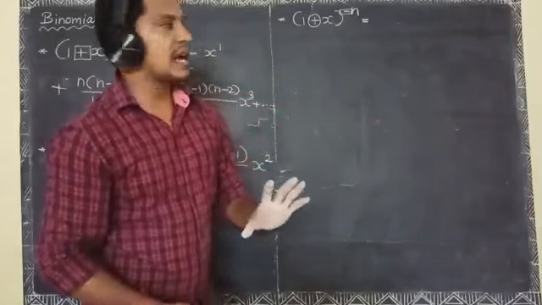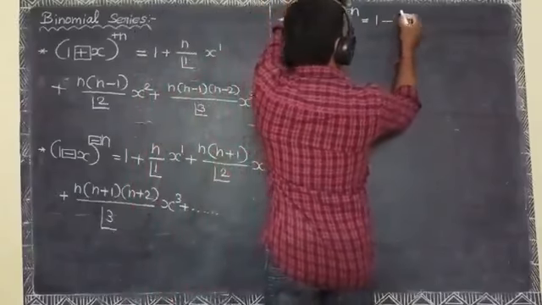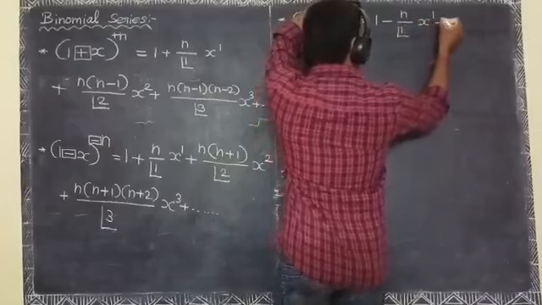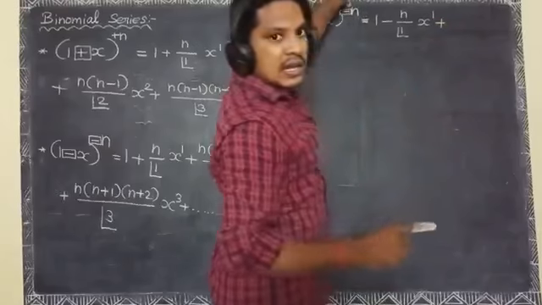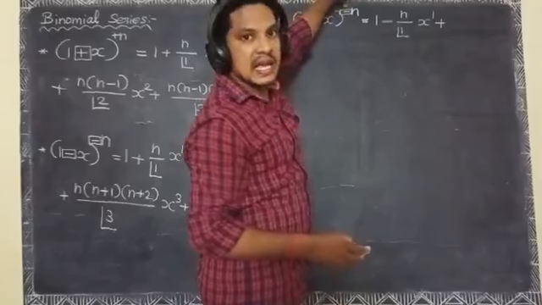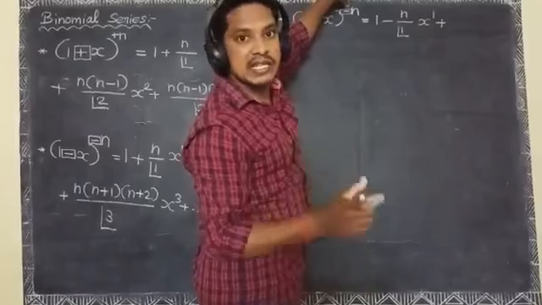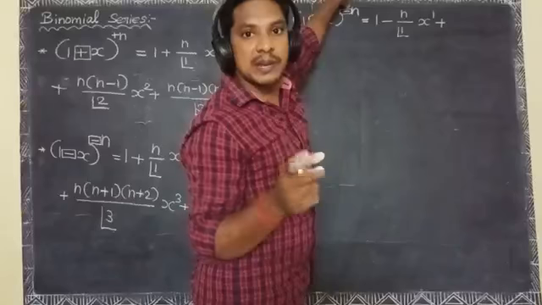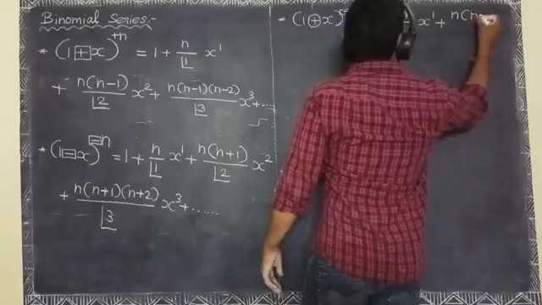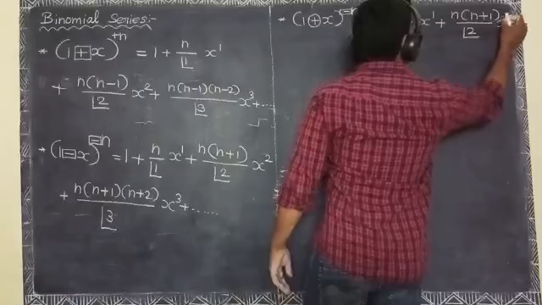Using zigzag signs, that is 1 minus n divided by 1 factorial into x power 1, plus, here listen, the power n has a negative sign, which means the factor plus 1, that is n into n plus 1 divided by 2 factorial into x square.